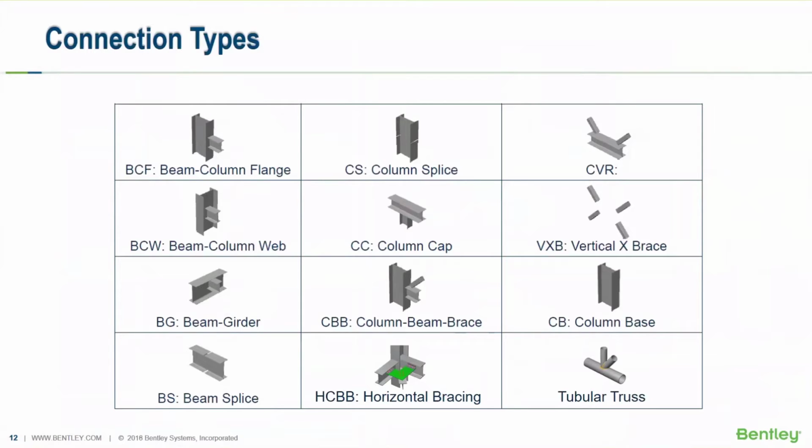So let me talk about how RAM Connection actually works. I'll just pick up a single routine from here. You can see that I have almost 12 different types of connection types which I've defined. Under each and every connection type, I can have shear connection and moment connection, and inside shear connection also I can have several types. Let me discuss one type here, which is BCF, beam column flange connection.